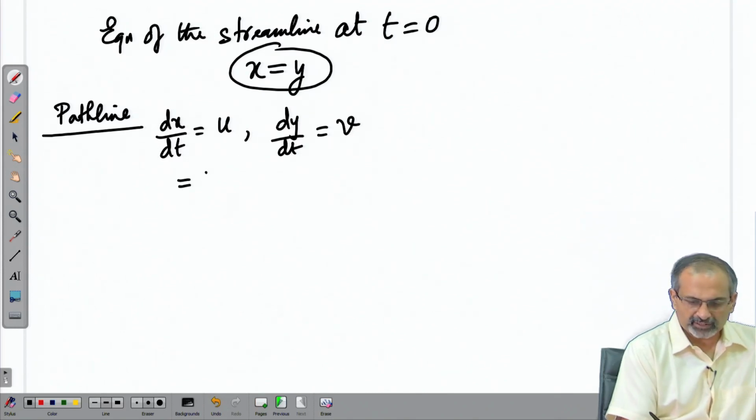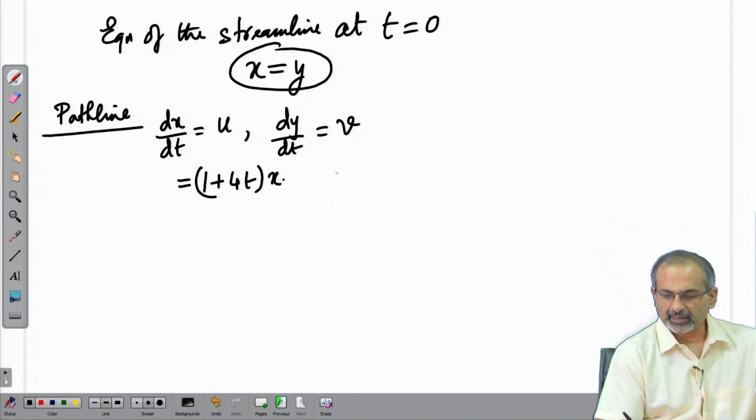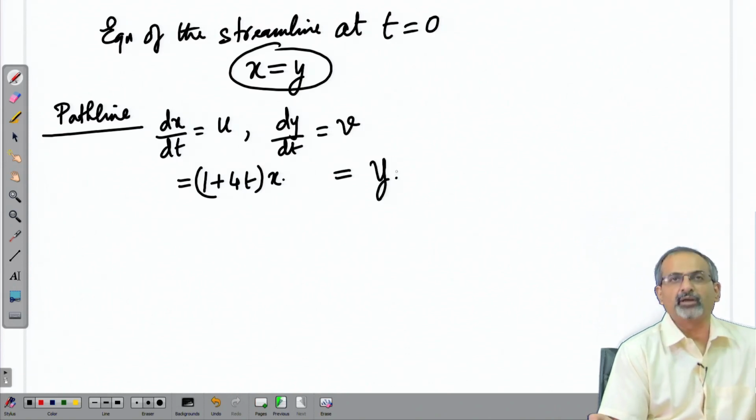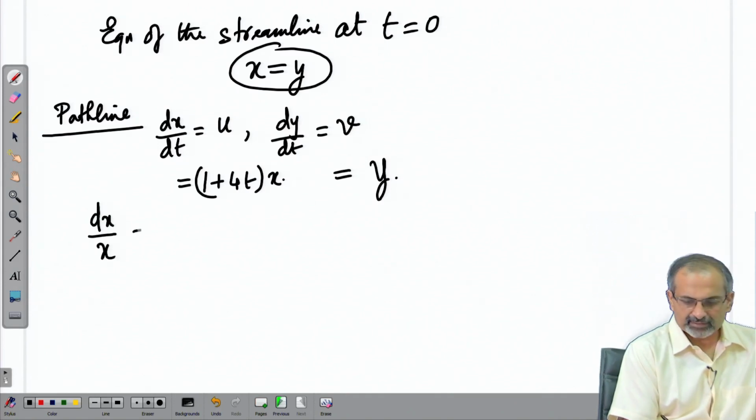So, we know the functional form: u was equal to (1 plus 4t) times x, and v was equal to y. So, you have to rearrange it slightly: dx by x is equal to (1 plus 4t) times dt.